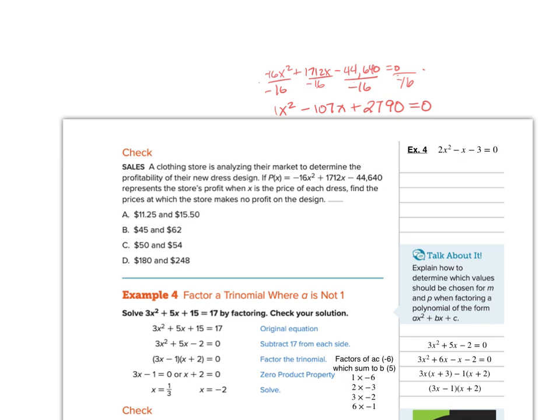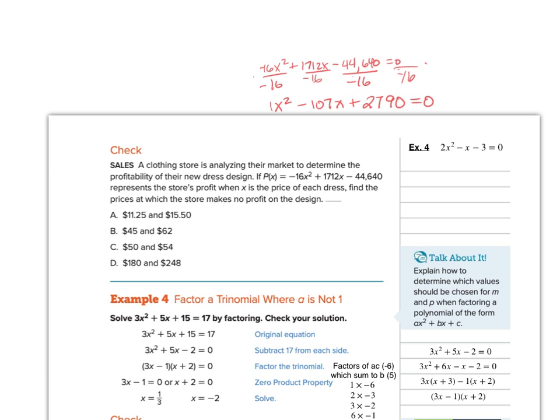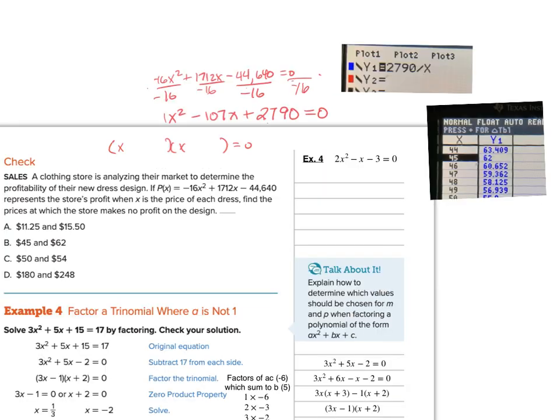So I am looking for factors here that will sum to negative 107 and multiply together to give me 2,790, and there is a cheat to this in the calculator, or a brief method, to help me find the factors.